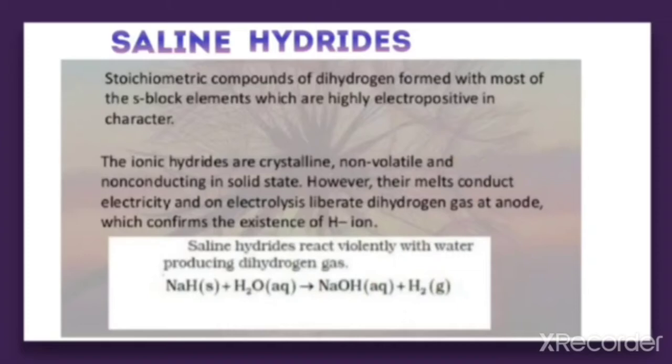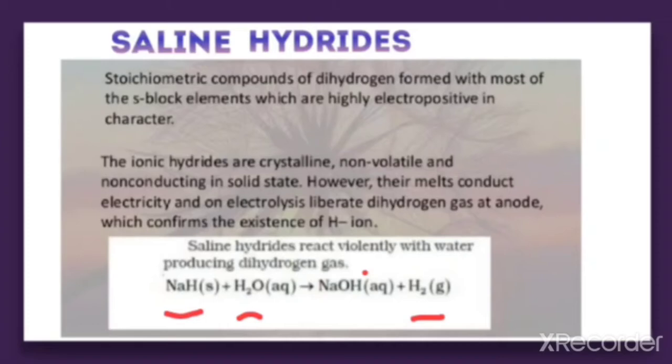Saline hydrides react violently with water, producing hydrogen gas. The reaction is given here. Sodium hydride, a saline hydride, reacts with water, and this reaction takes place very violently and results in the formation of dihydrogen gas.